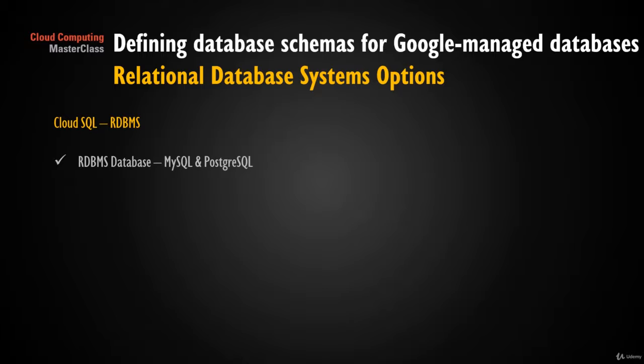You should look at the versions supported. Currently MySQL supports two versions and Postgres supports one particular version, but you can check the numbers yourself. Read replicas: you can create a read replica out of the Cloud SQL databases to create multiple instances, and you can optimize the read operations for your databases.